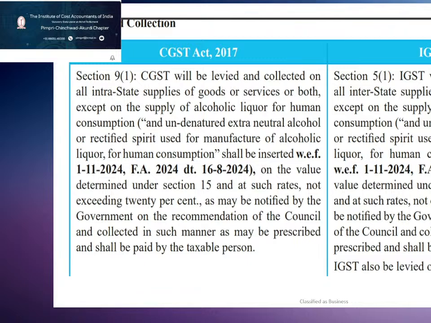And the third one: temple provides a room. We will see this entry number 13 again in detail, but please have a look and understand it. The temple provides a room in the precincts of the temple. Here it is not explained in detail, but in the final study material they will give detail about what the precincts are.